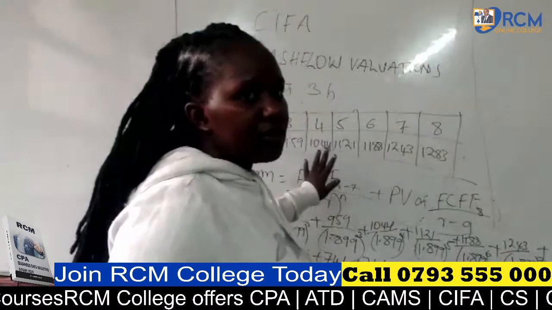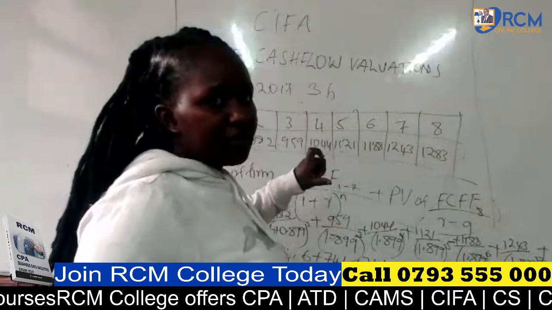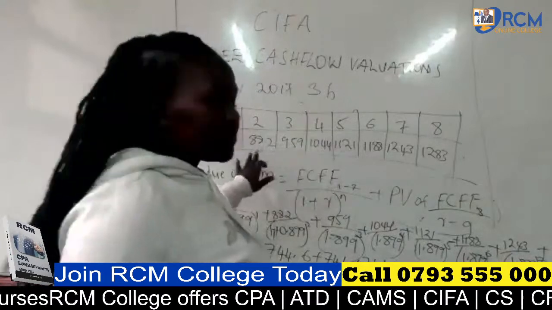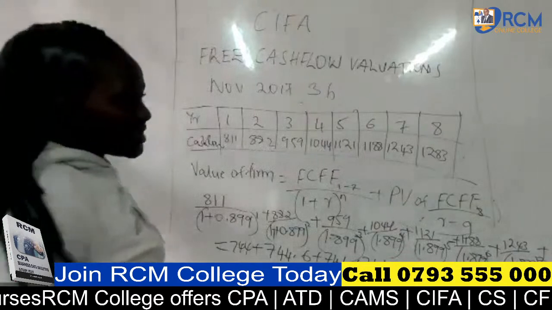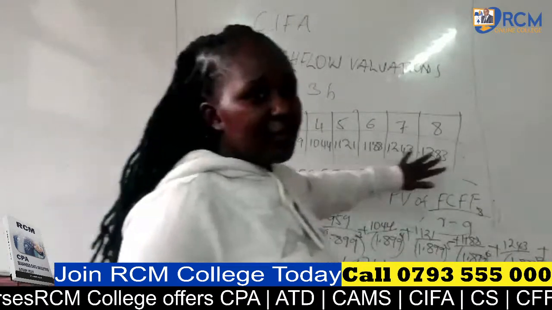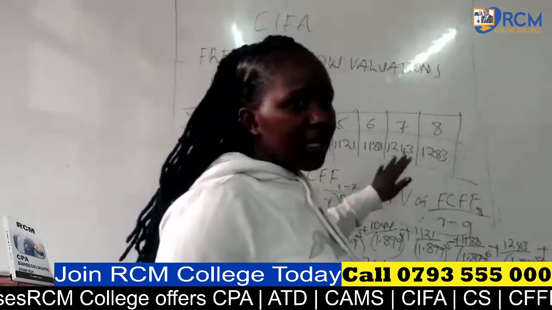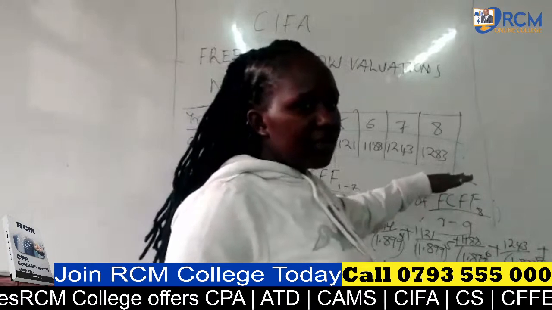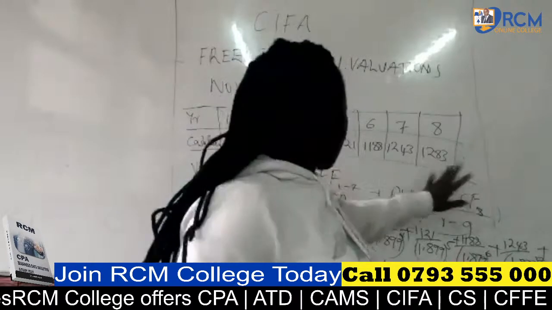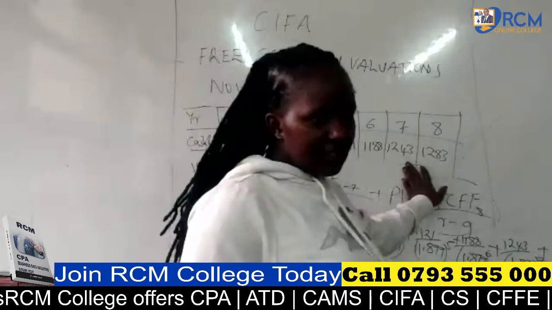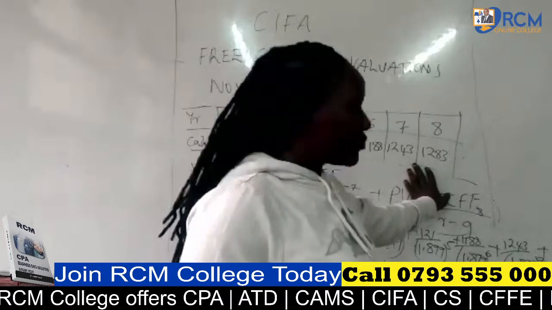Let's calculate the terminal value for year 8. Because we were told cash flow is growing at different rates each year, we calculated using the growth rate at this point.